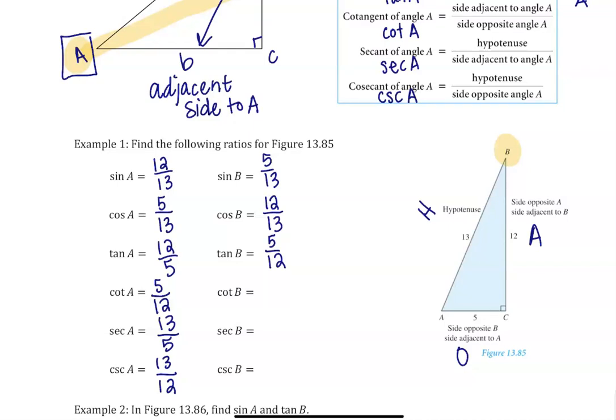Then cotangent would be the adjacent over the opposite. Secant would be the hypotenuse over the adjacent, and cosecant would be the hypotenuse over the opposite. So all of these trig ratios are just defined as the ratio of 2 sides of a right triangle. That's all we're doing here.